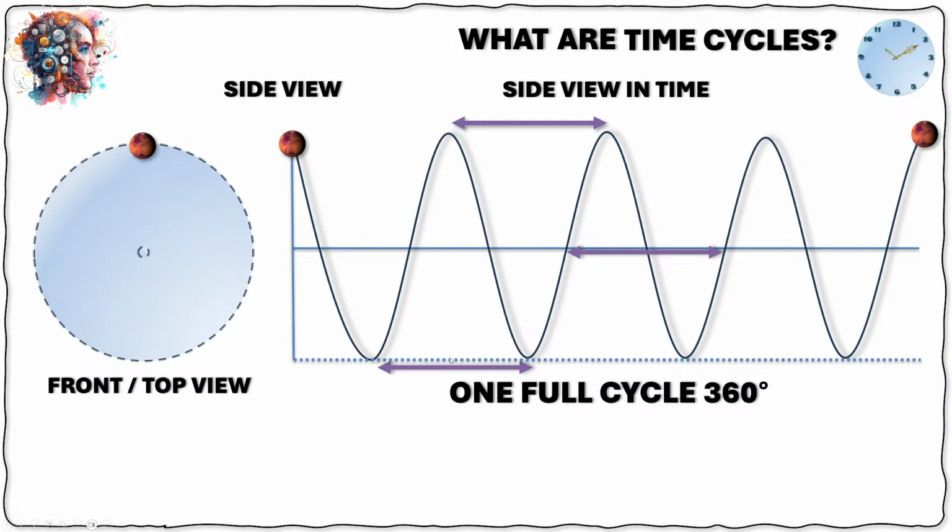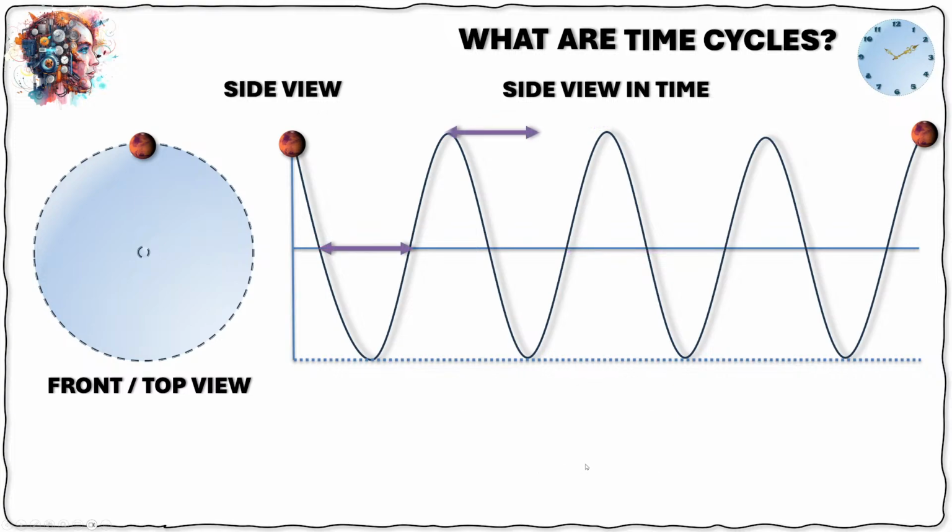So one full cycle is 360 degrees. When you look at the sine wave, it is from a top to a top, a bottom to a bottom, or a middle point to a middle point. All of them are 360 degrees.